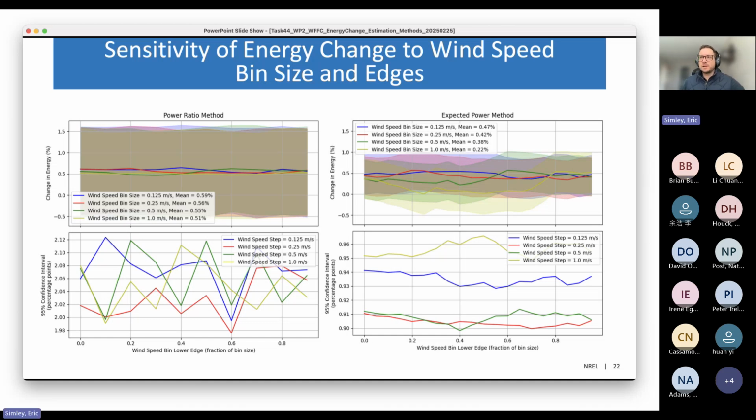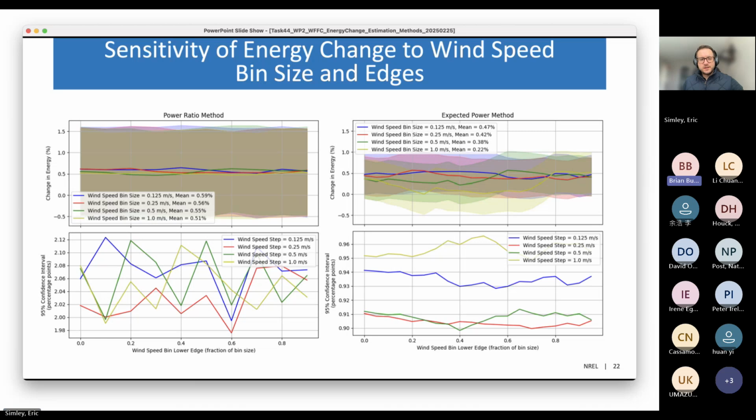Yeah, that's an interesting point. I haven't really thought too much about that, but I can see that. Yeah, maybe you could even have different reference wind speeds at different locations on the wind farm if it's a really large wind farm, rather than using the average of the reference turbines.